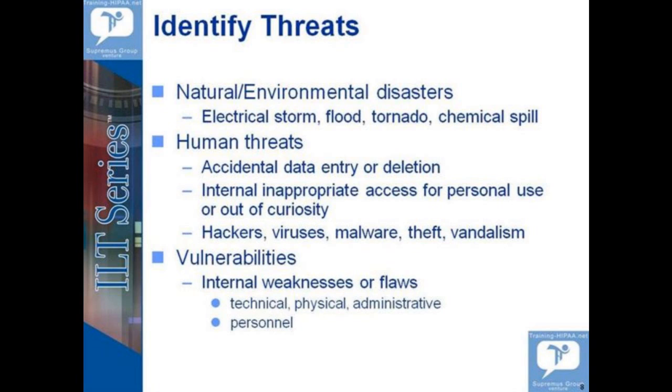You are looking at what could reasonably be expected. And that goes back to the very basis of the security rule. If you look at the security rule, it speaks about reasonable throughout the whole rule. And it talks about reasonably ensuring, and it's looking at what is reasonable to your organization and so forth. Next slide.